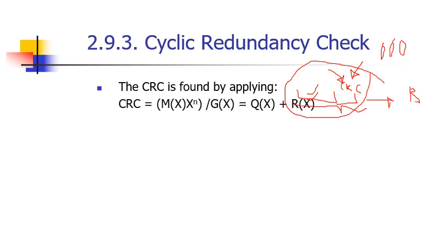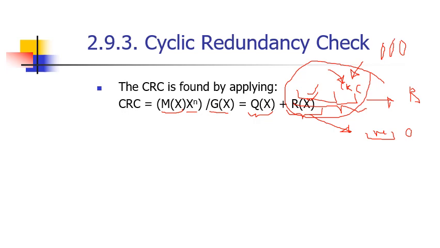So what you do is this. From your message, you get the characteristic polynomial. You multiply it by x to the n, where n is the order of your generator polynomial. You divide by the generator polynomial, you will get a quotient and a remainder. These remainder bits are to be appended to the original message.